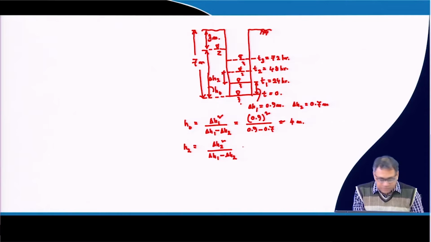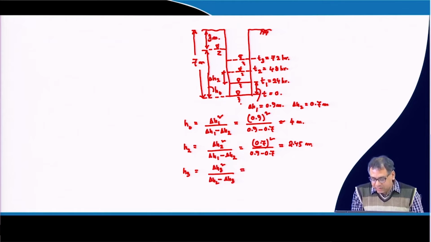So, that will be del h 2 square, 0.7 square divided by 0.9 minus 0.7, which is also 2.45 meter. Similarly, del H3 also, del H3 square divided by del H2 minus del H3. This way we will get another value.